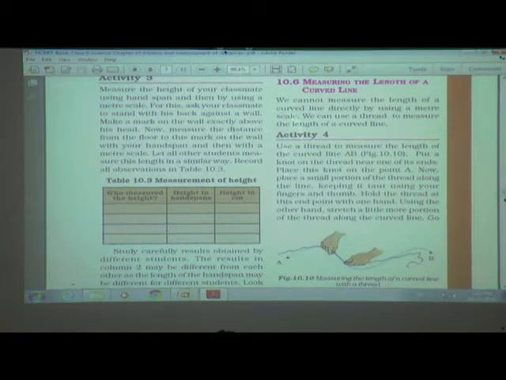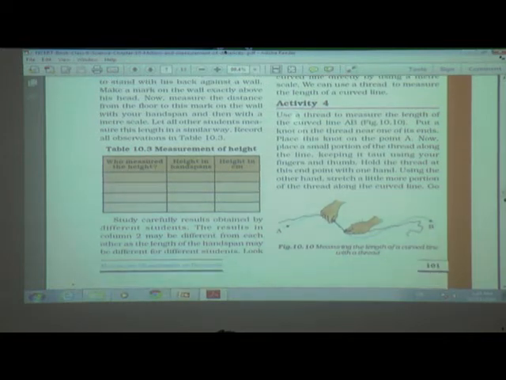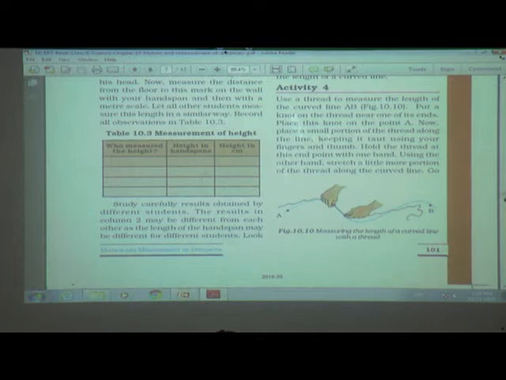Now place a small portion of the thread along the line, keeping it taut using your fingers and thumbs. Hold the thread at this end point with one hand. Using the other hand, stretch a little more portion of the thread along the curved line. So students, in this way you can measure the curved line distance with the help of a string.